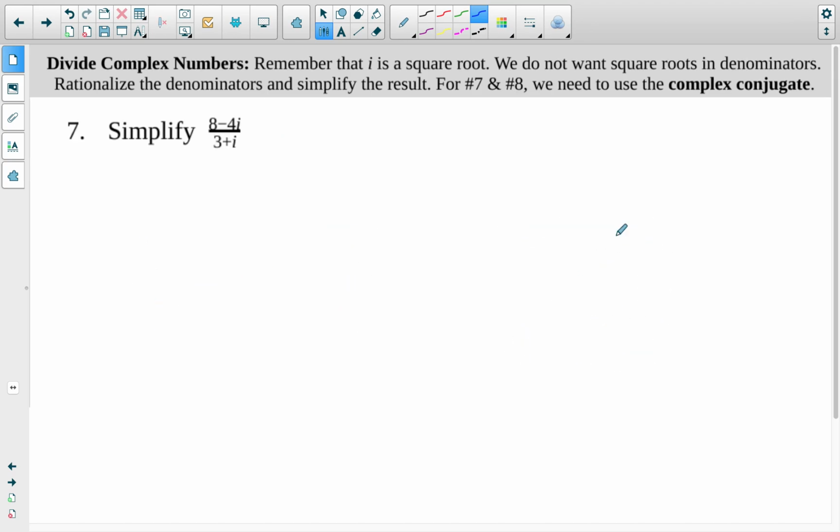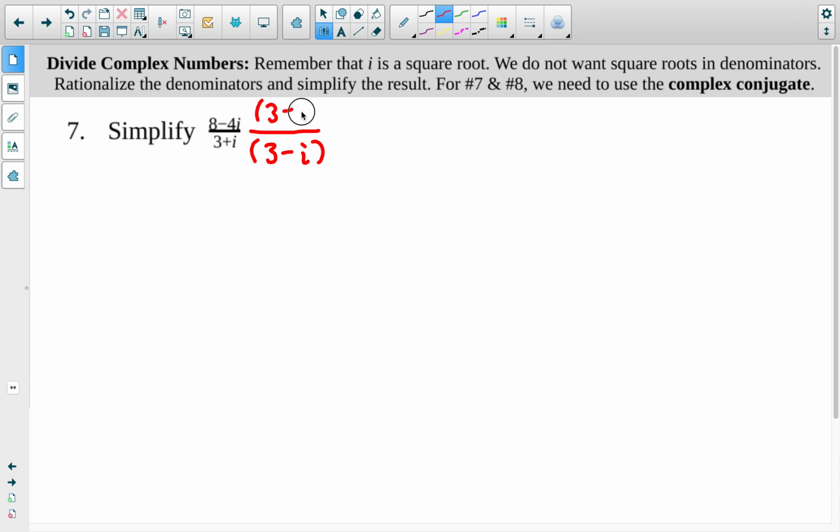And so now we're going to run into a situation where we have addition or subtraction in the denominator, and so it's not as straightforward, right? When we are in a situation like this, we're going to multiply by the complex conjugate over itself. And so 3 plus i, if I change to 3 minus i, then when I multiply them together, I'm going to get a real number.